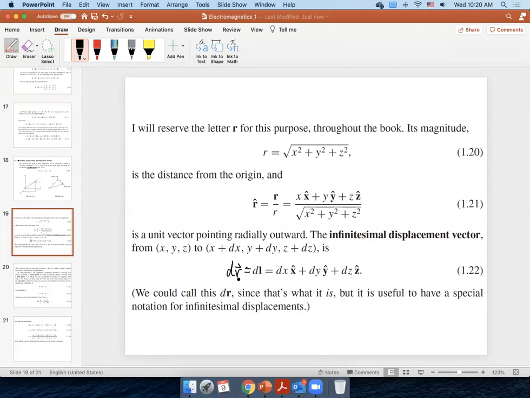Generally we should use dr, but because we use it so many times in the future, we just define a special notation here, dl, to stand for dr. They're the same thing actually. So in the future, if you see dl or dr, by default, they are the same thing. That's the infinitesimal displacement vector of r.